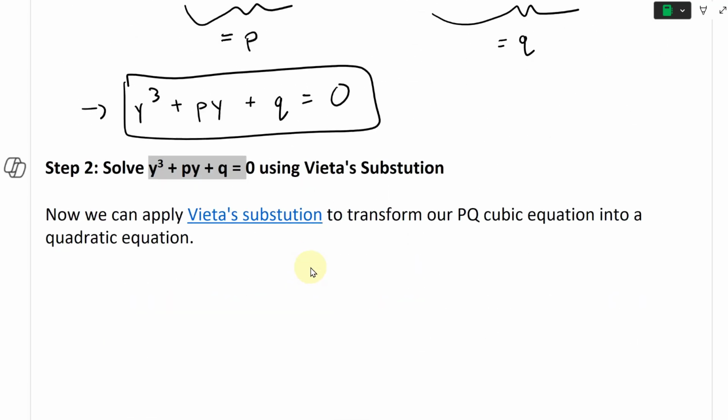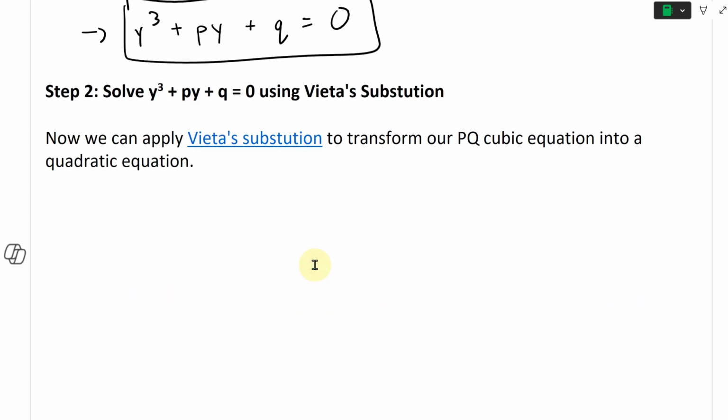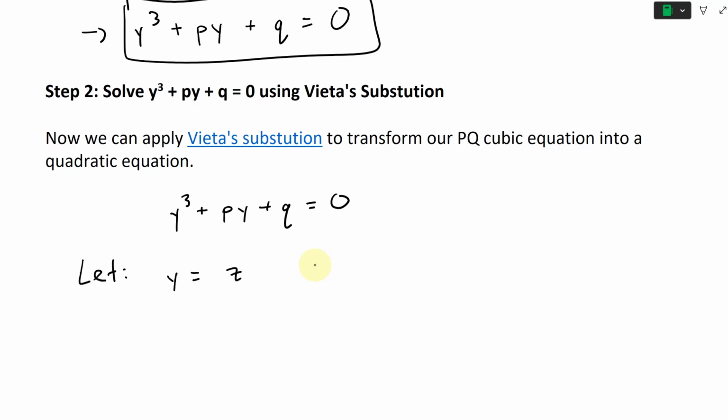So let's apply this, and let's just write the variable k for that number above z. So let's just write our PQ form of the cubic equation: y to the power of 3 plus py plus q equals 0. And now we're going to let y equal, this is the Vieta substitution, z plus k over z.